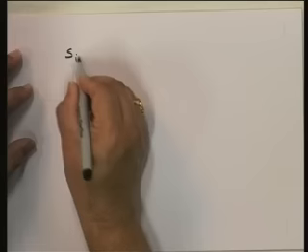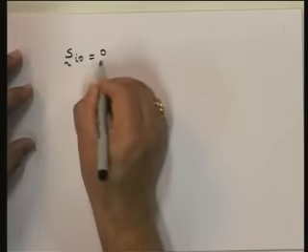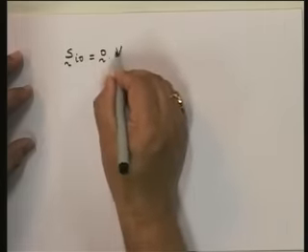So therefore just putting down everything, I have got Si0 for all i.